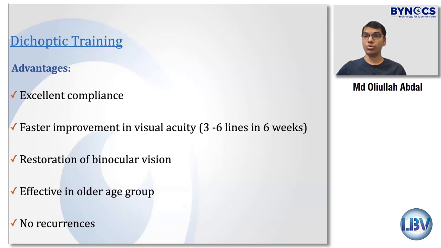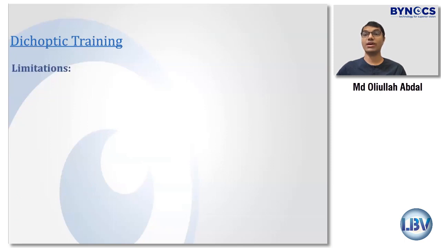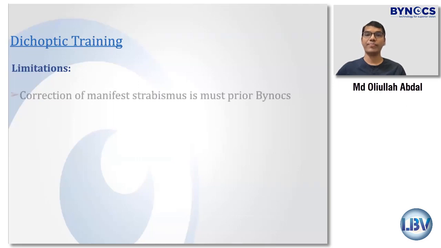Now, whenever you look at this dichoptic approach, there are certain inclusion criteria you need to look at, as certain patients may not suit this program. First and foremost, do not enroll a patient who has a manifest deviation.